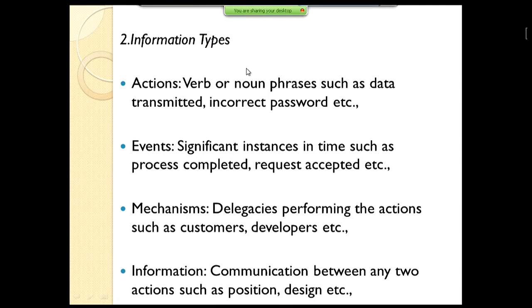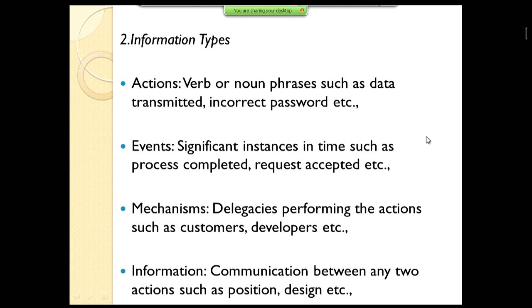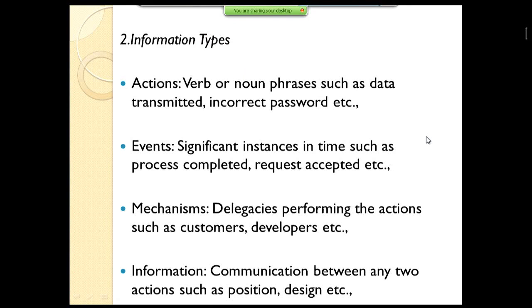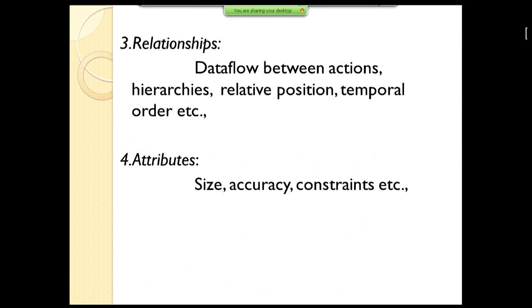Actions include verb or noun phrases such as data transmitted, incorrect password, etc. Events include significant instances of time such as process completed, request accepted, etc. Mechanisms include people who are performing the actions such as customers, developers, etc. Information includes communication between 2 actions such as position, design, etc.